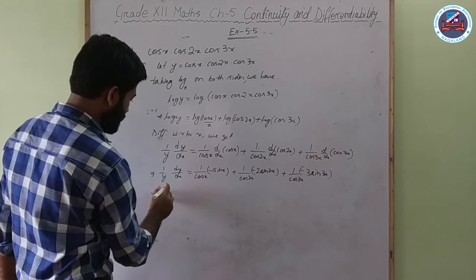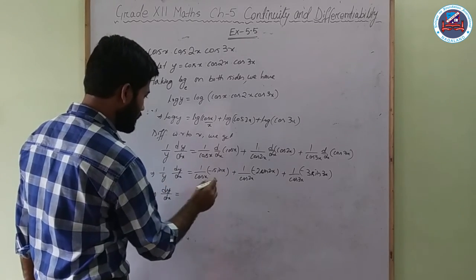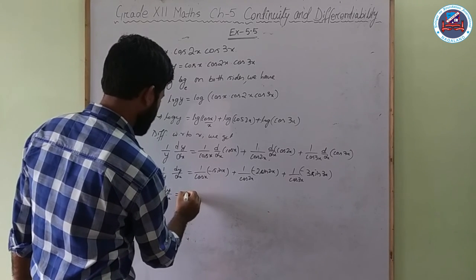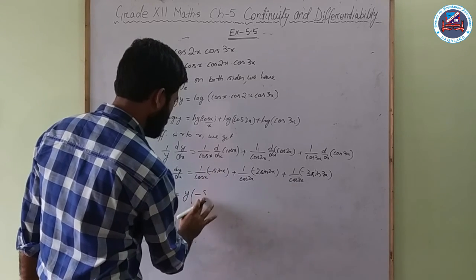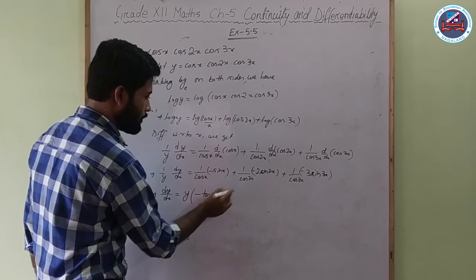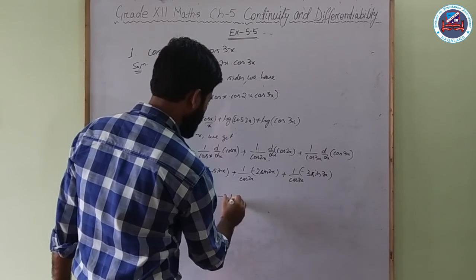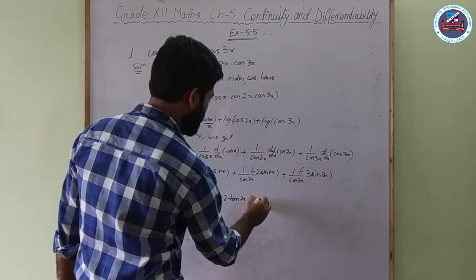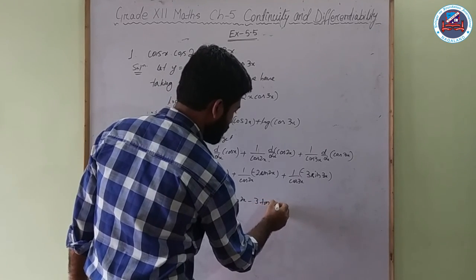Now take the y that side, which will be dy by dx is equal to y into, minus sin by cos will be minus tan x. Here also we have minus, so minus 2 sin twice x by cos twice x will be 2 tan twice x, minus 3 sin thrice x by cos thrice x will be 3 tan thrice x.